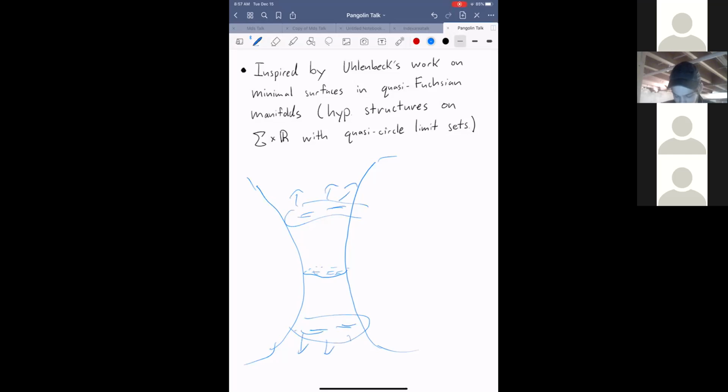Okay, so it lets you rule out the existence of other minimal surfaces, and basically you're able to parameterize the whole space of hyperbolic structures on sigma times R in this specific regime where you have a minimal surface in the middle with small principal curvatures. You're able to recover the whole hyperbolic metric by just the conformal class of the induced metric on the minimal surface in the middle and its second fundamental form.